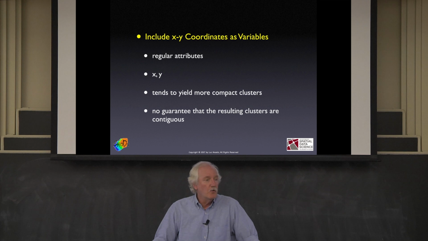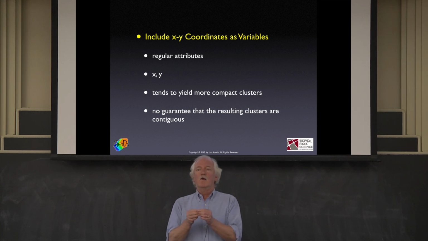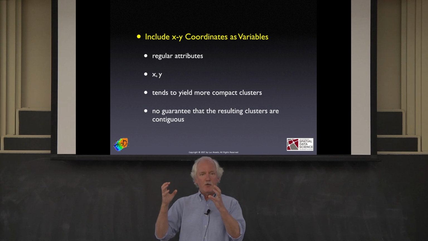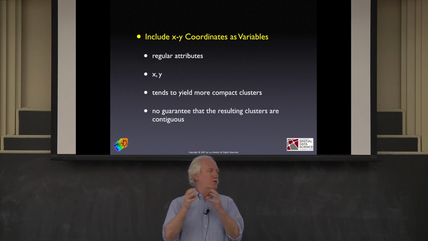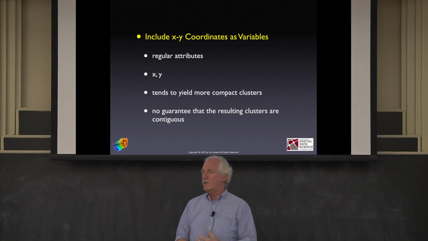So what does this do? Because x and y are in there, and we're minimizing dissimilarity in the distances between x and y, we're trying to pull these units closer together. So ideally, we pull them enough so that they each become compact and contiguous.